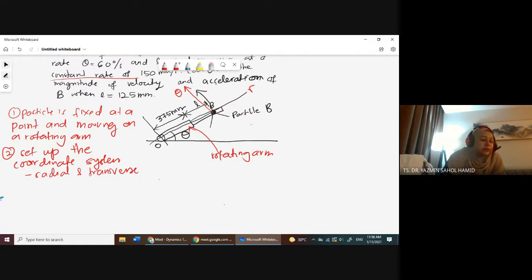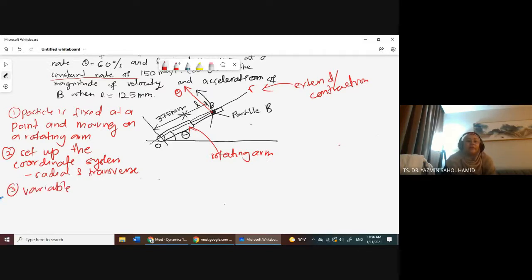Okay, what else? And then we know the direction of the R is the extension and contraction. So kita tahu R ni boleh extend dan boleh contraction juga. Okay, and then we need to come up with the variables. All the variables that we have and the unknowns that we need to find. Boleh?